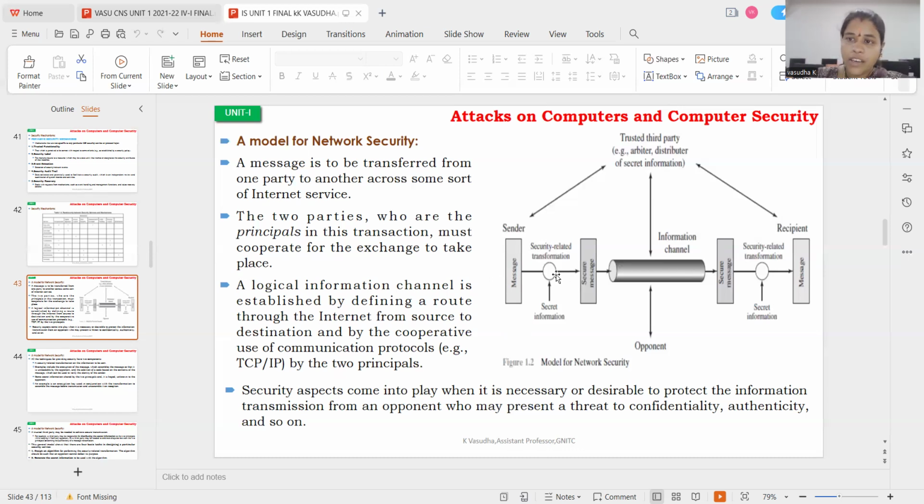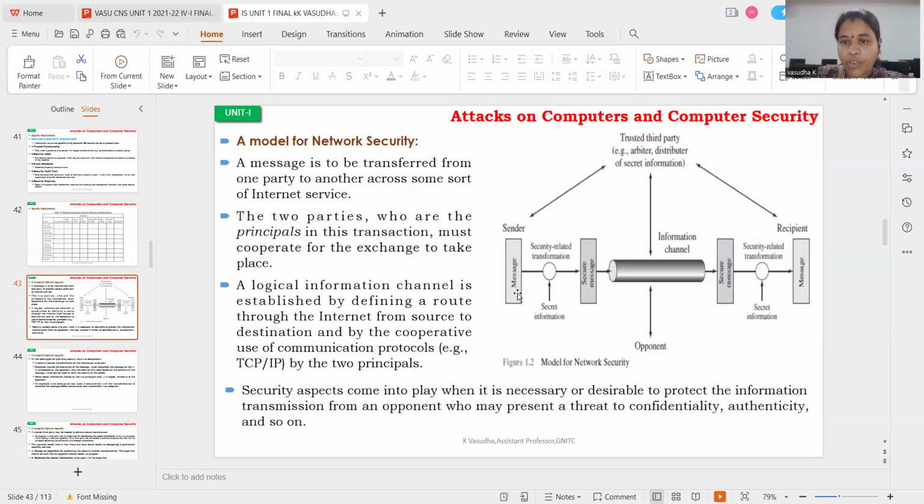Whenever the sender tries to send the message, it is to be converted into secret information. Why is there a requirement of converting it into secret information? Because there are a lot of security attacks. Whenever a person is trying to send messages to an authentic user, the message might be read by a third person and it might cause a security vulnerability.